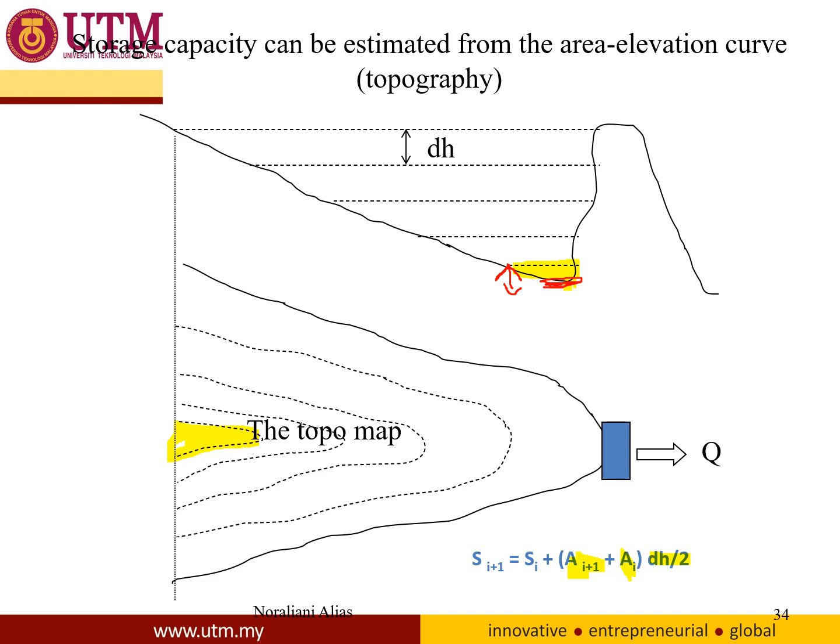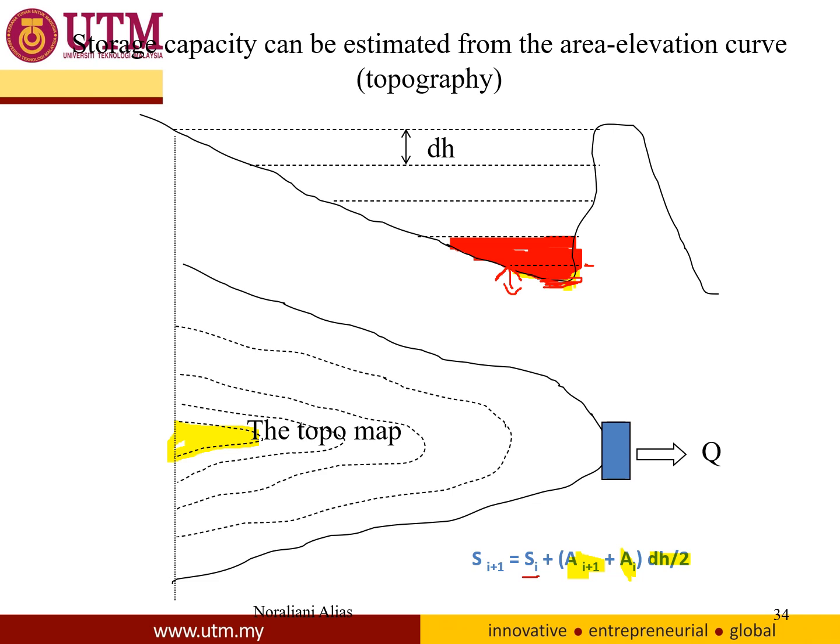You get the first level, H, and then you continue for the next. You want the whole volume, so for elevation number 2, you need to add storage 1.